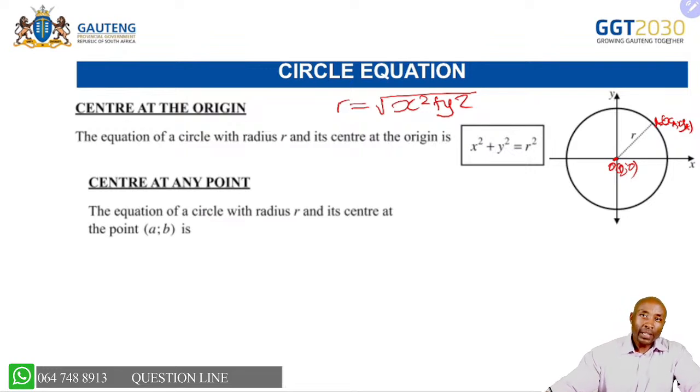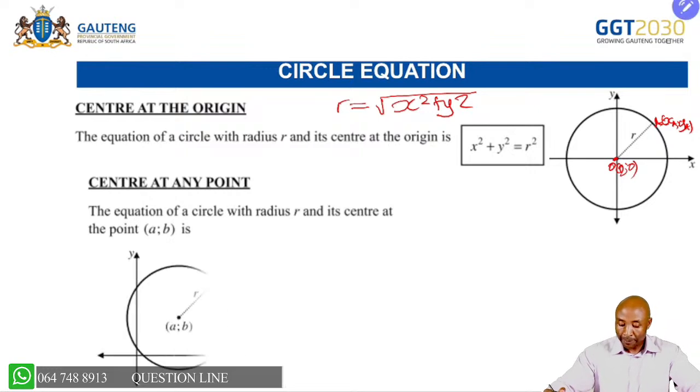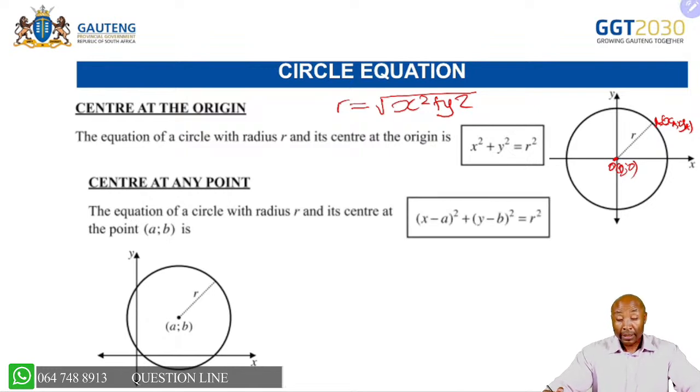Then we have another circle where the center is anywhere in the Cartesian plane, and the center now is given by the coordinates a and b. The equation of the circle becomes x minus a squared plus y minus b squared is equal to r squared.